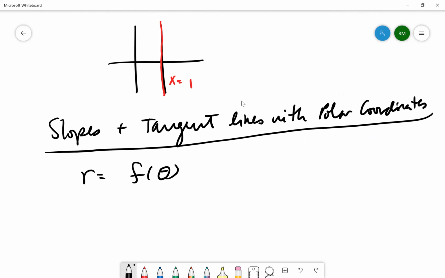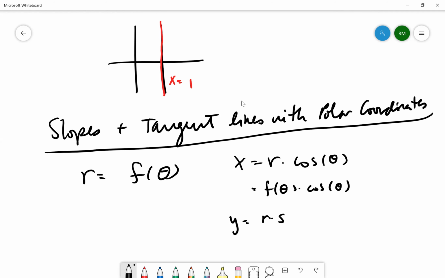Well, what do we know? If r is f of theta, this is telling us that x is equal to r times the cosine of theta, which is the same as f of theta times the cosine of theta. And y is r times the sine of theta, which is f of theta times sine of theta.